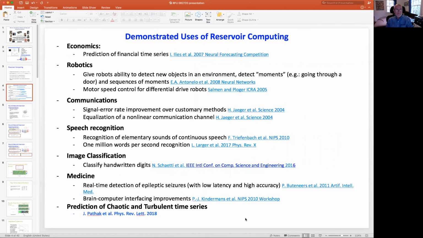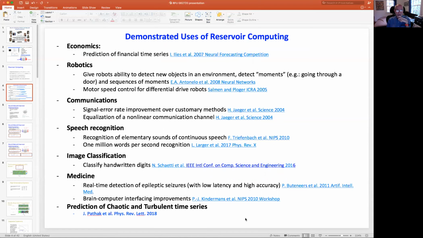So the demonstrated uses are quite varied for reservoir computing, including time series prediction in economics, control in robotics, signal rate improvement, noise reduction and nonlinear correction in communications, and we'll come back to that use case. Speech recognition, including one of the systems that had an optical system that they set up to do speech recognition.